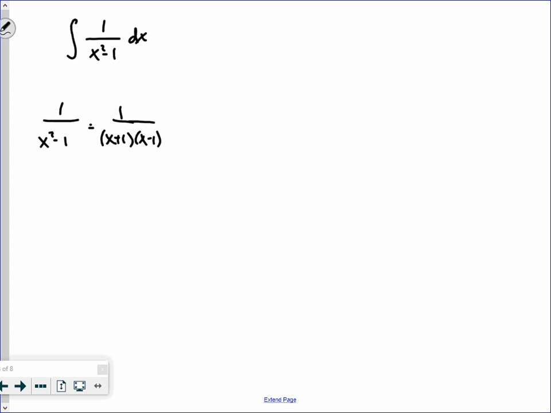That's a rational expression. It can be factored as x plus 1 times x minus 1. And that means I can rewrite it as a constant over x plus 1 plus some other constant over x minus 1. And we have to figure out what those two constants are.